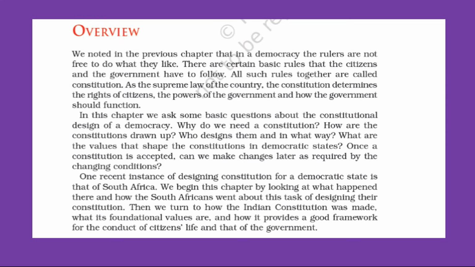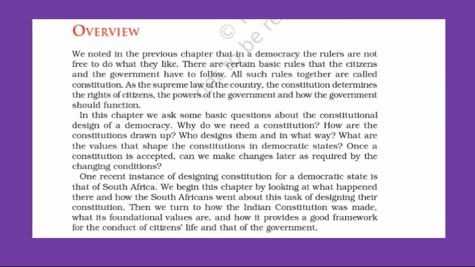As the supreme law of the country, the constitution determines the rights of citizens, the powers of the government, and how the government should function. So what does the constitution decide? The constitution decides the rights, and how the government should function.